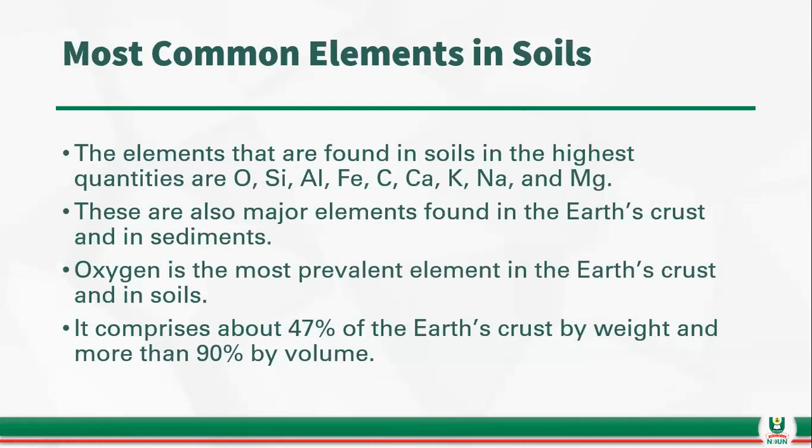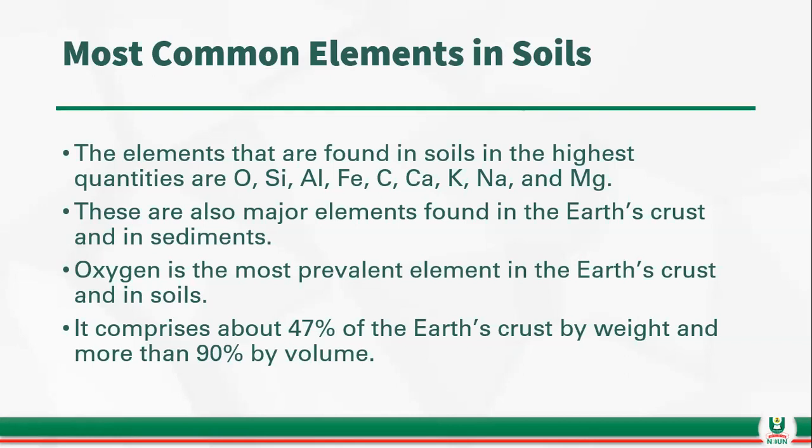The most common elements in soils, the elements that are found in soils in the highest quantities, are as listed here. We have oxygen, silicon, aluminum, iron, carbon, and we also have calcium, potassium, sodium, and magnesium.